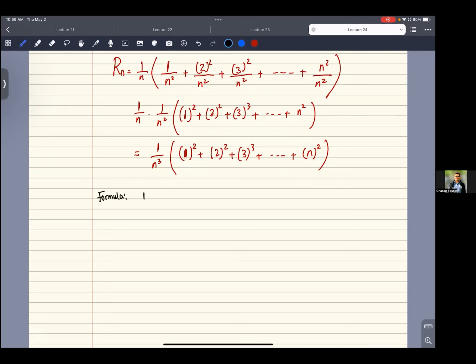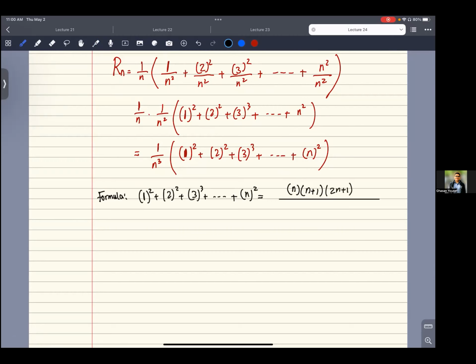The formula says if I have something like that, 1 square plus 2 square plus 3 square plus dot dot dot plus n square, this is equal to the first number n, times n plus 1, times the odd number 2n plus 1, over 6.